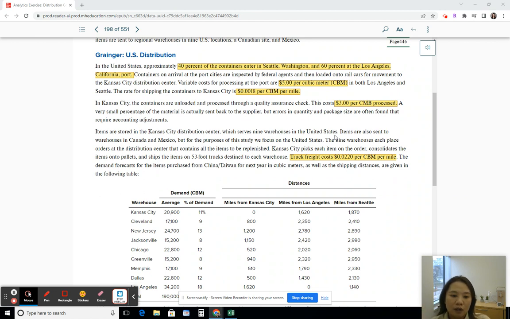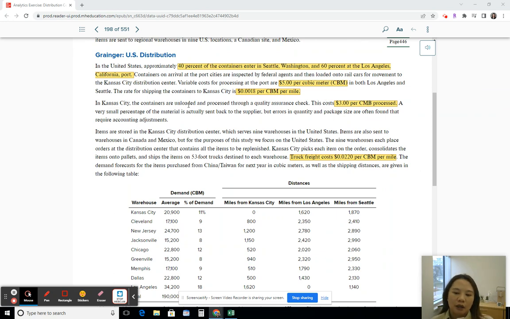Once the products arrive in the DC, whether you only have Kansas or you have both Kansas and Los Angeles, you need to spend $5 per cubic meter to process them, and you also need to spend 0.0018 to transport those containers to the different warehouses per CBM per mile, and we also have another $3 per CBM for the unloading cost.